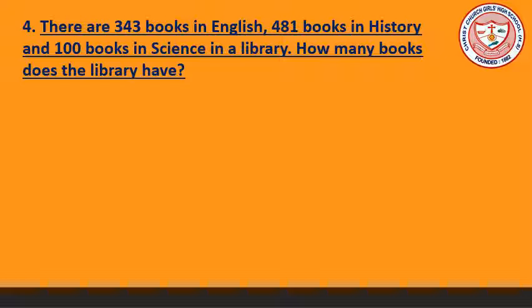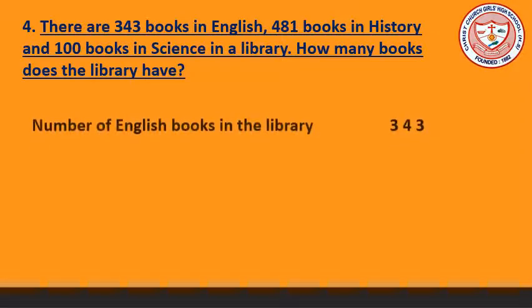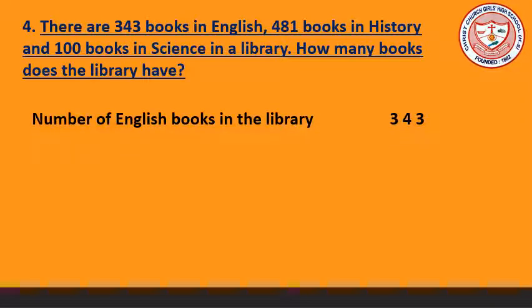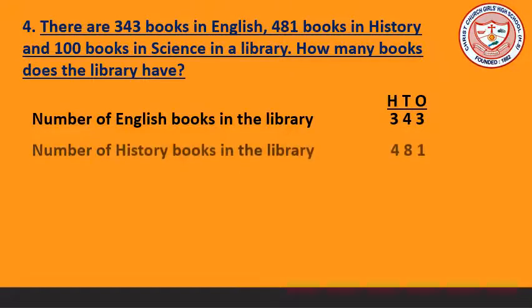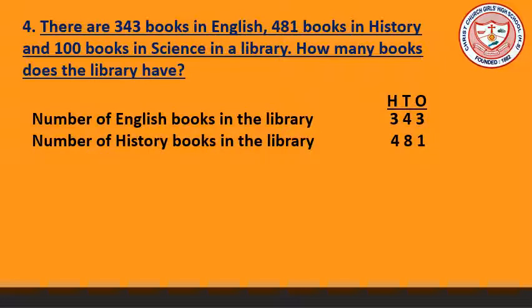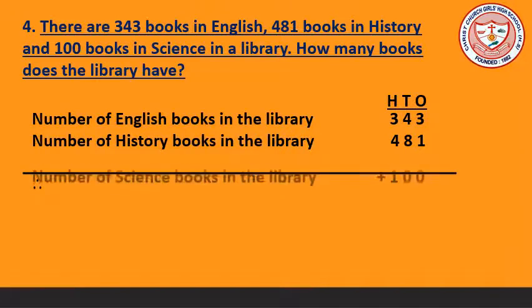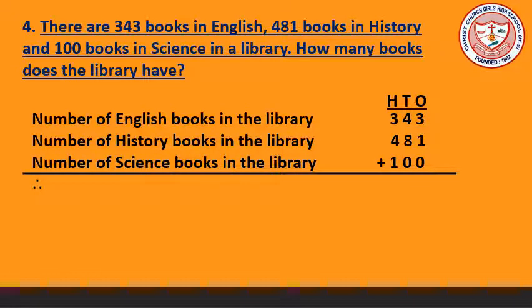So let's start writing. Number of English books in the library, 343. Number of history books in the library, 481. And number of science books in the library, 100.